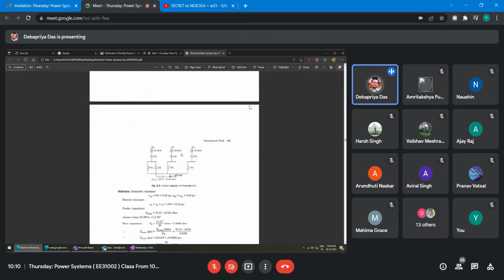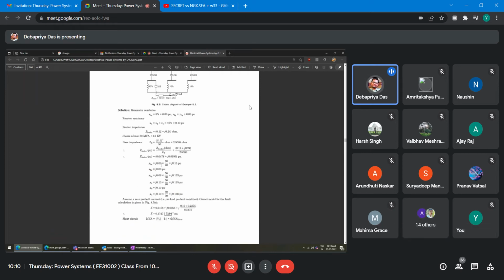So for generator B it will remain 8%, so 0.08. But the other two will change. Therefore XAG will be j0.08 into 50 upon 40, which is 0.1 per unit. XBG has a rating of 50 MVA and the base is also 50 MVA, so it remains as it is. XCG will be 50 upon 30 into j0.08.